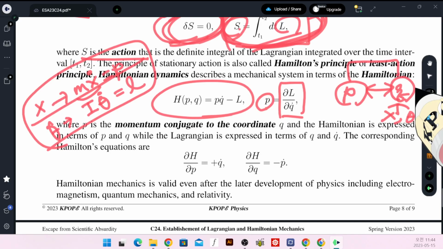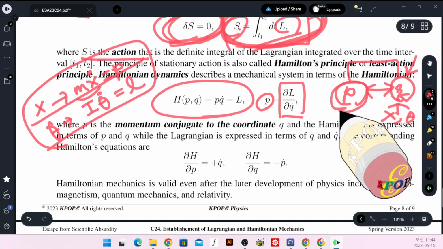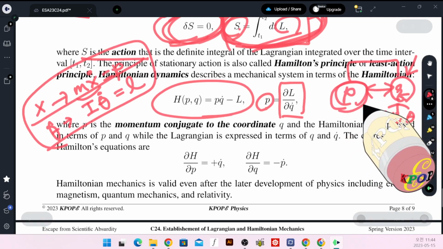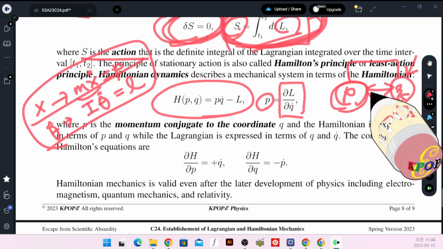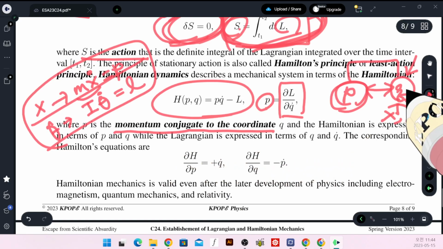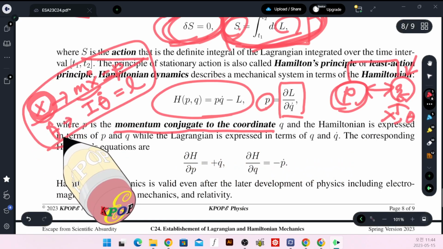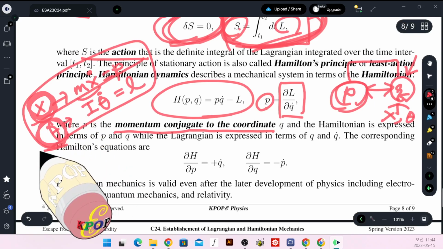So we have to remember Q is a coordinate and P is the corresponding conjugate momentum. And this coordinate can be either the position vector's coordinate, Cartesian coordinate, or an angle.